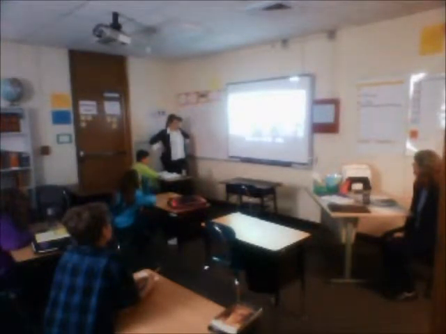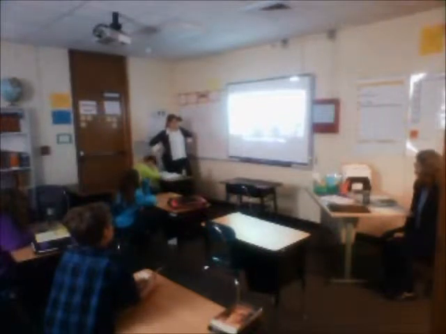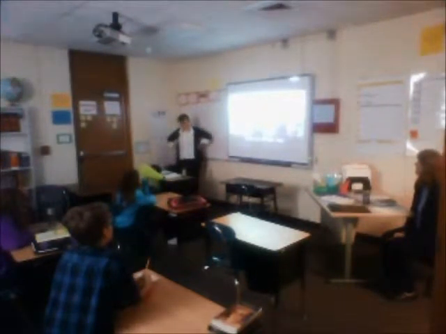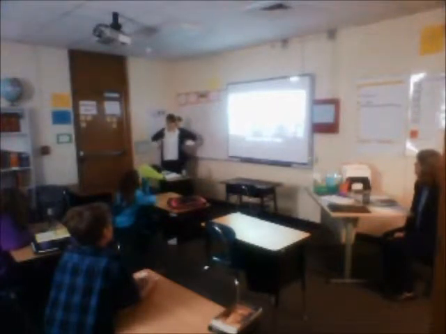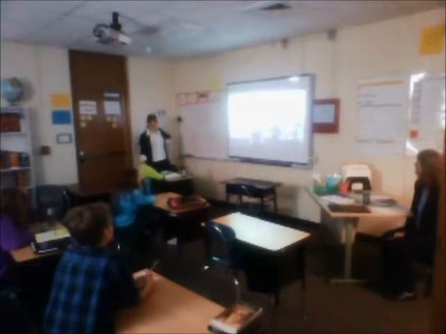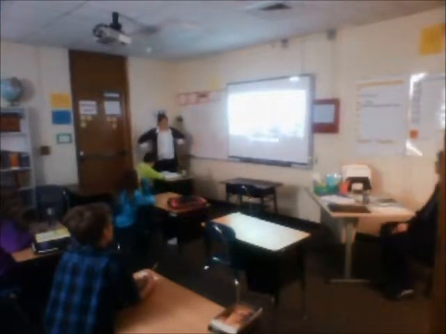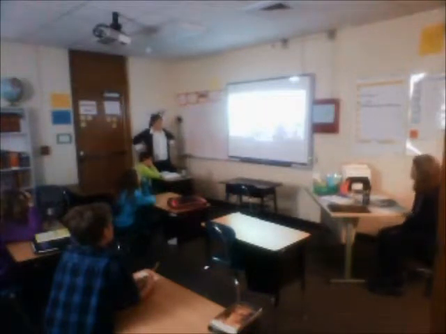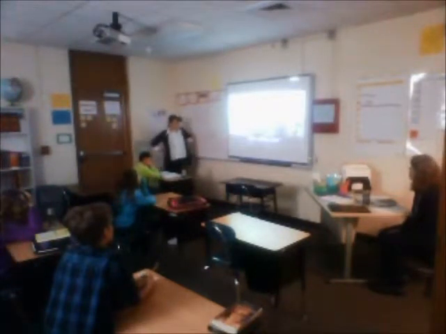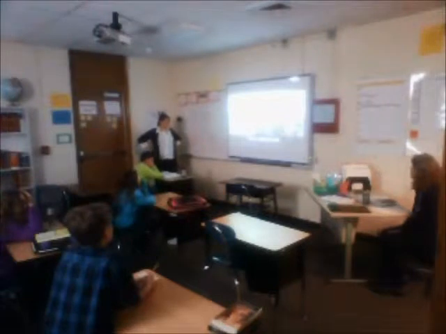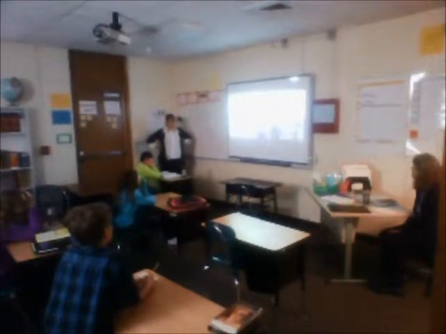We got acute ones, we got obtuse ones, we got straight ones, we got right ones. But what about triangles? I don't know. Should we sing about those? Okay. We're talking about triangles.